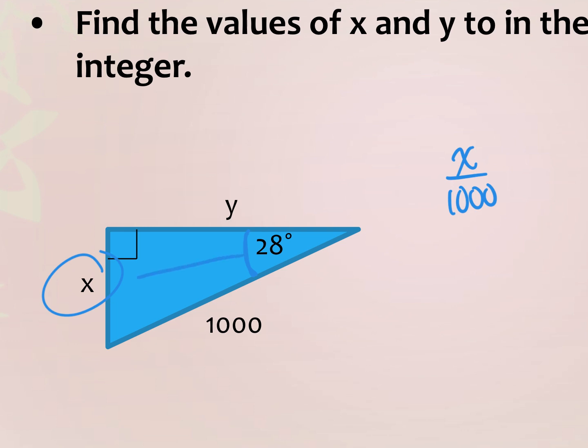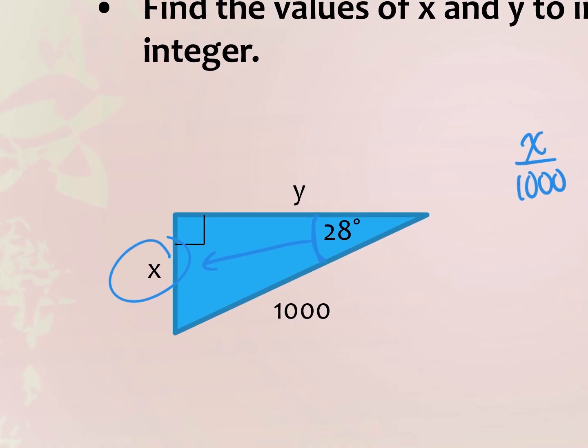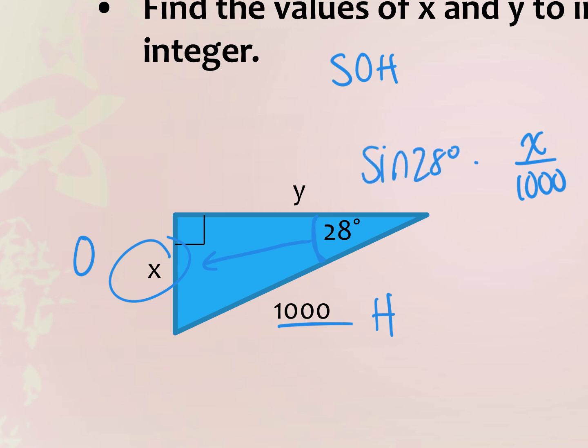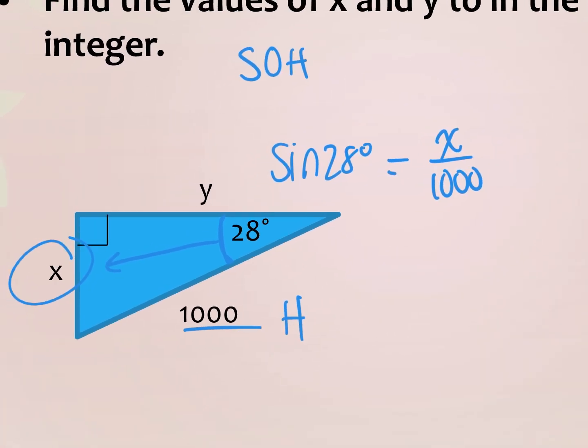X is what compared to the 28? It's opposite. And the 1,000 is my hypotenuse. So which of my three ratios involves opposite and hypotenuse? Sine. So if we took the sine of 28 degrees, do you agree that should be equal to x over 1,000? Perfect. Now, be careful here.